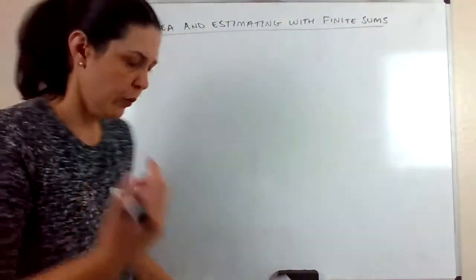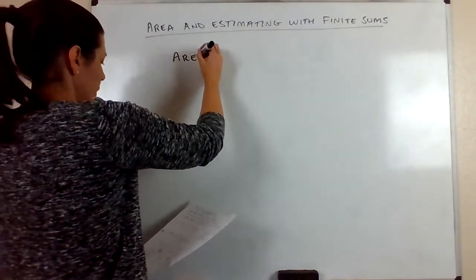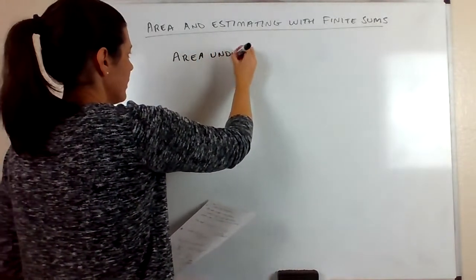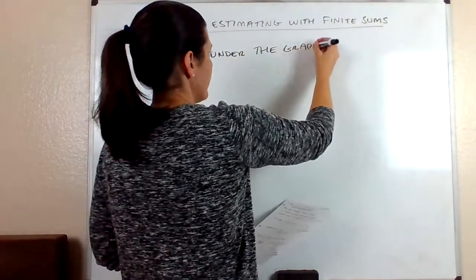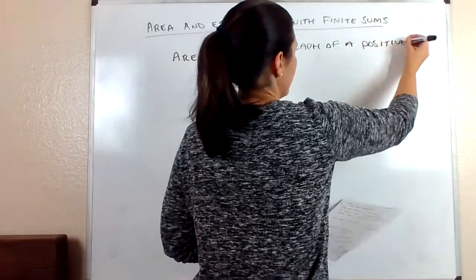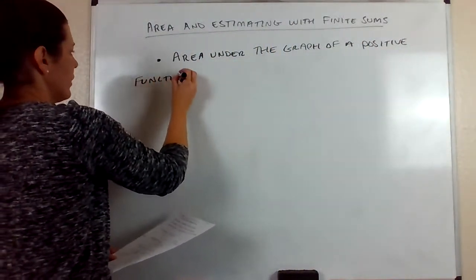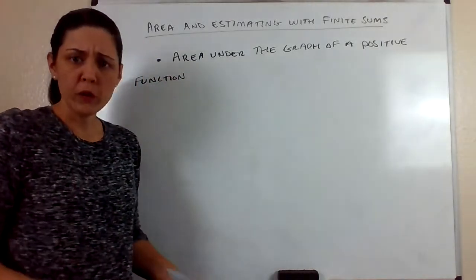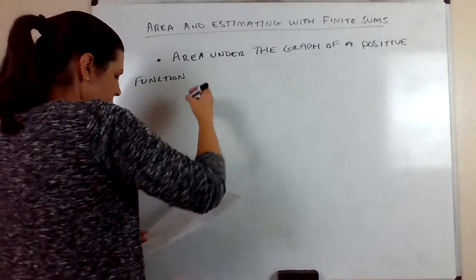Now, what we want to do here, well, actually, let me say it like this first. We're looking at the area under the graph of a positive function. Okay, so I'll draw you a picture with our example so you see what I'm talking about.